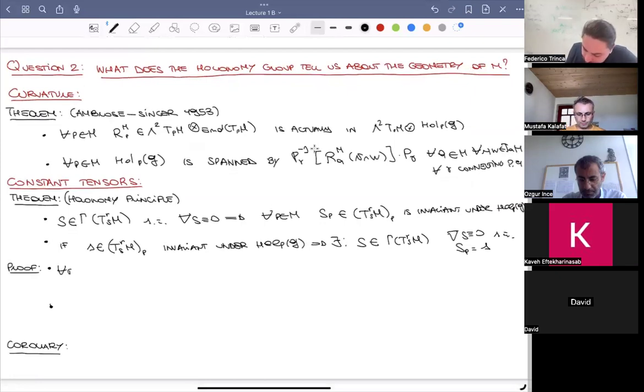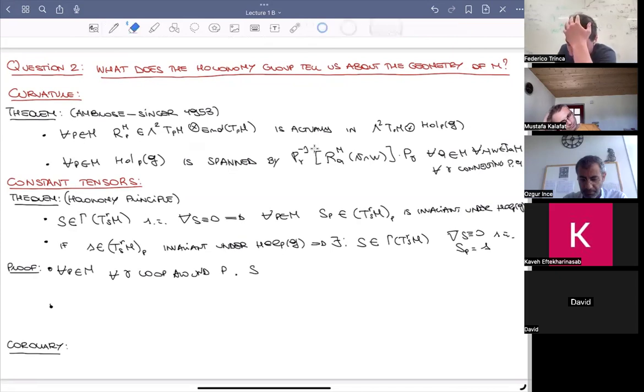I'll show you the first statement. For every point in M and for every loop γ around P, we know that S along γ is parallel. This is because it's parallel in general, and so if I restrict it to the curve, it's also going to be parallel there.